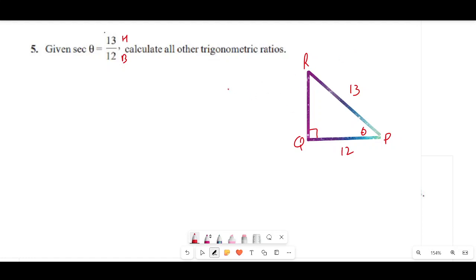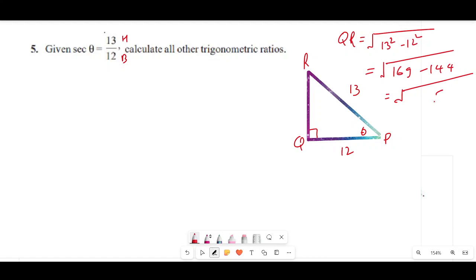First, we should find the value of QR. Don't worry. 13 square minus 12 square. 13 square is 169 and 12 square is 144. Then 25, so we will write here 5. Clear? So it will be 5.